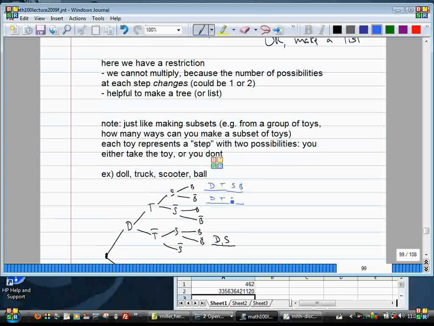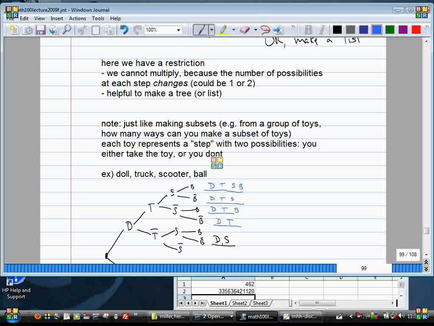Right. Doll, truck, scooter, not ball, so just doll, truck, scooter. Now what about this one? Doll, truck, and ball. And then what does the next one indicate? Doll and truck. And that's it.